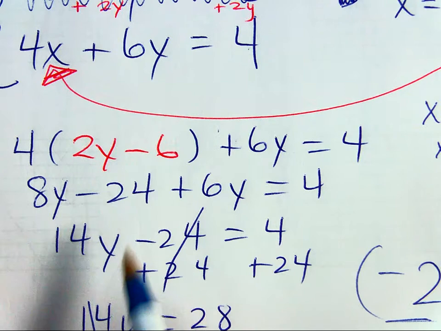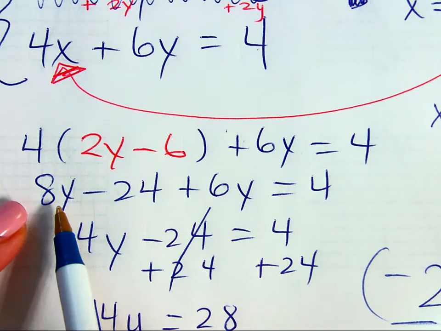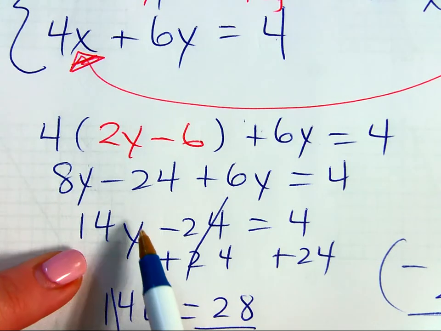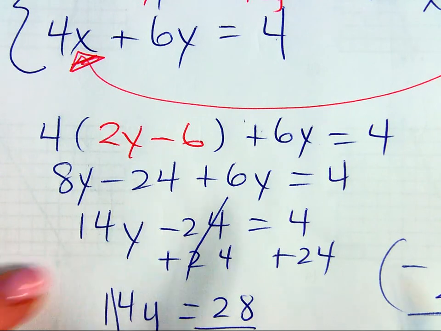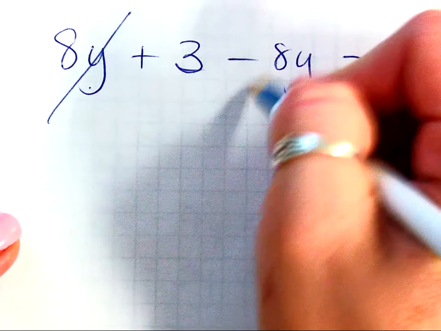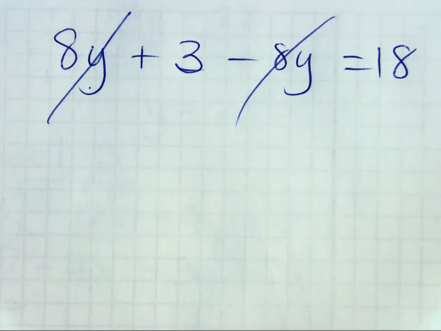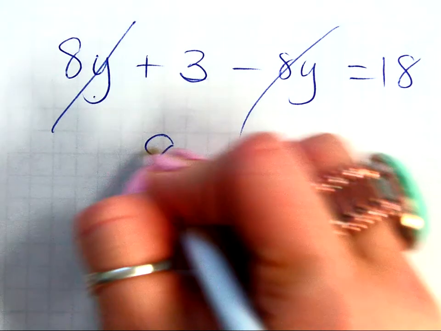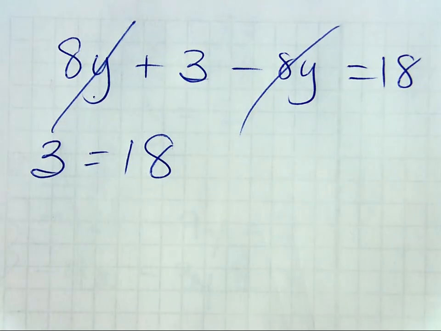This step right here. So you see how I had 8y and a 6y and I combined them and got 14y? Well, what would happen if my 8y and my negative 8y actually canceled? Yes, I would have 3 equals 18, which is not true.